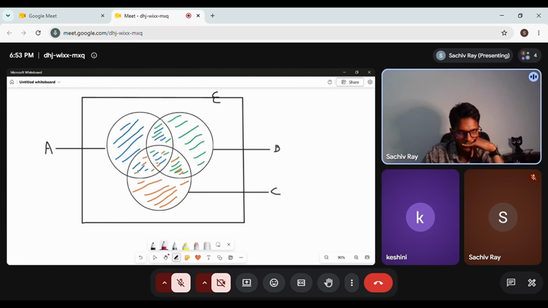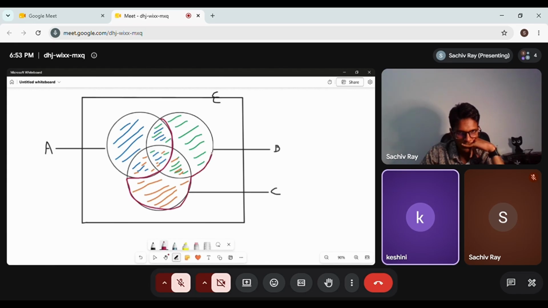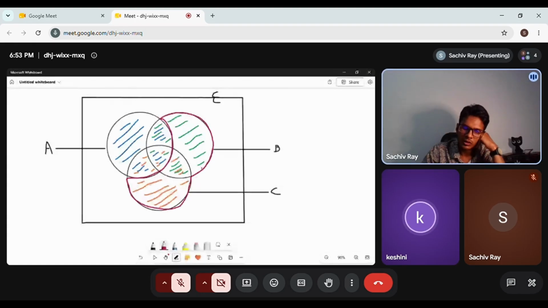What about this one? How can you call this?